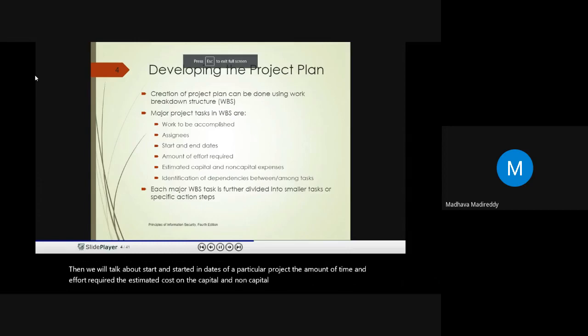Capital expenses are the financial costs, and non-capital expenses could be human resources, for example. And we identify dependencies among different tasks, that is, whether one task depends on another task, and so on. Basically, each major task is further divided into small subtasks. Once you divide the work into small bits and pieces, it becomes easier to implement.